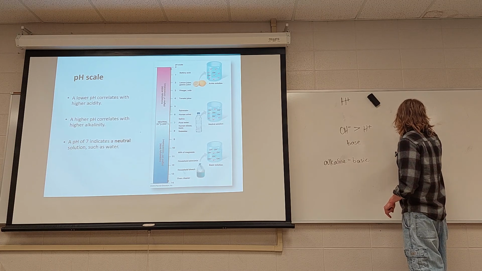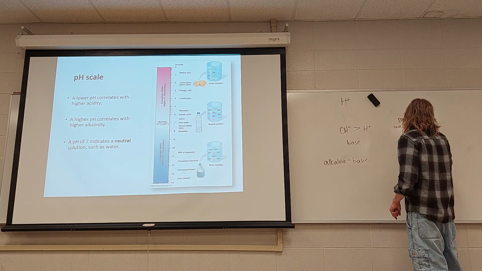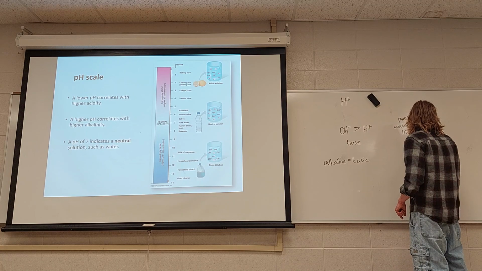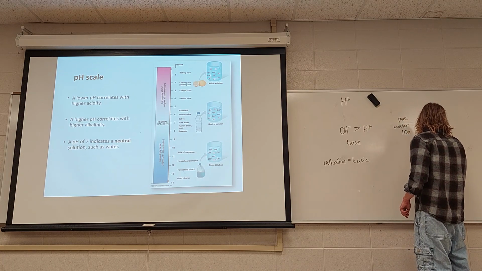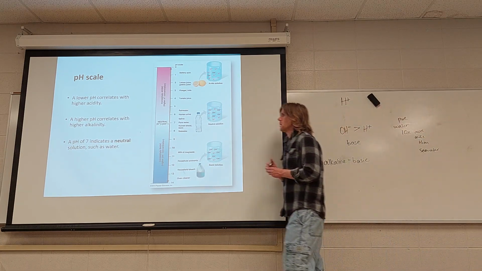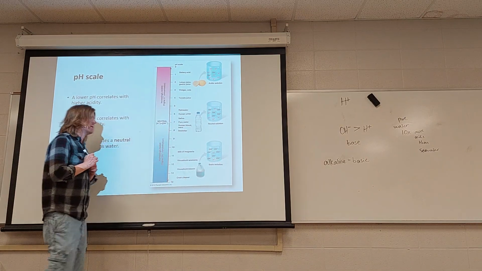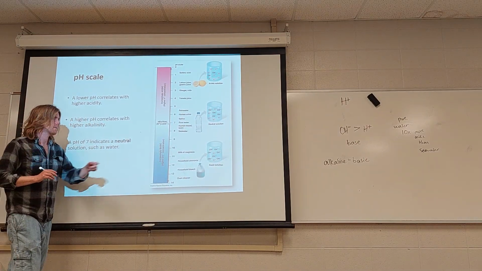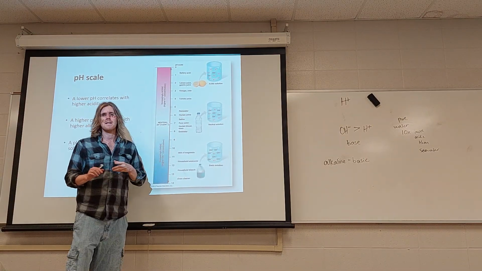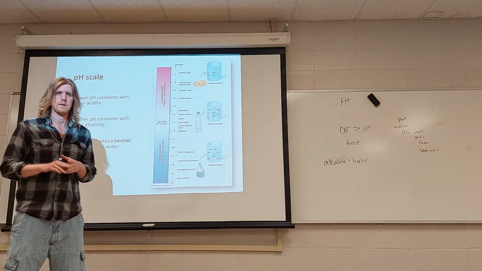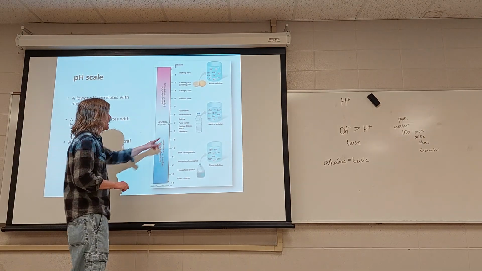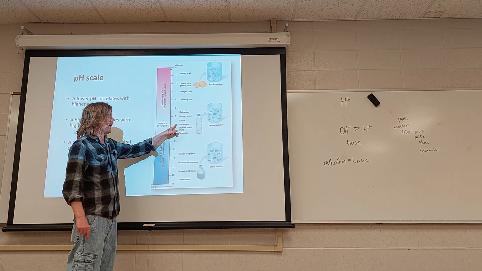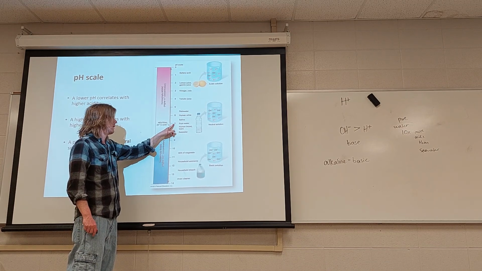Pure water is going to be 10 times more acidic than seawater. So every number jump on the pH scale is a 10 times increase or decrease. So pure water is 10 times more acidic than seawater.